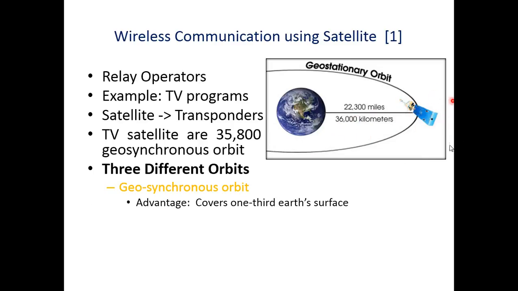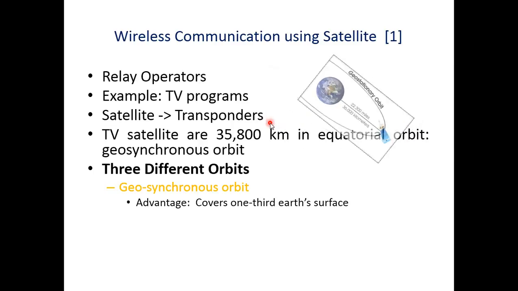The advantage of this is that if the satellite is situated in the geosynchronous stationary orbit, then it can cover the entire world, because a single satellite can cover one third of the surface of the Earth. So only three satellites are needed to cover the entire Earth for data communication purposes.